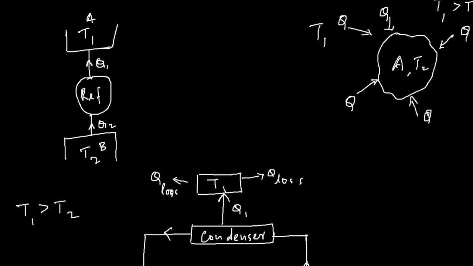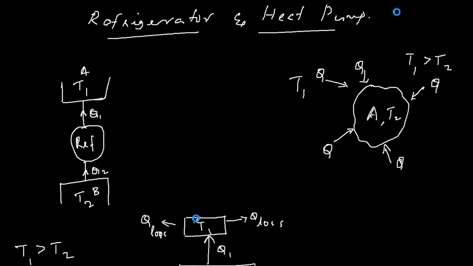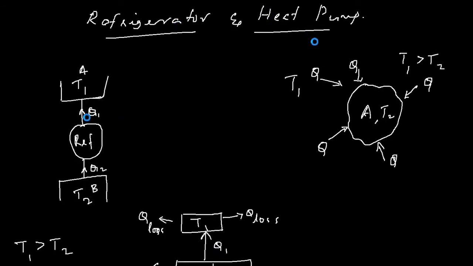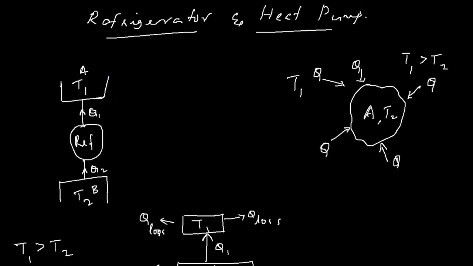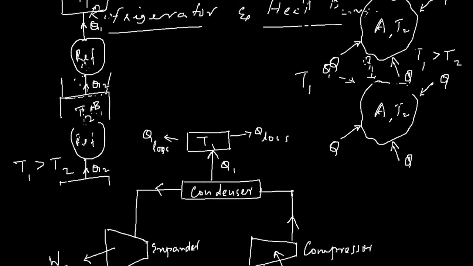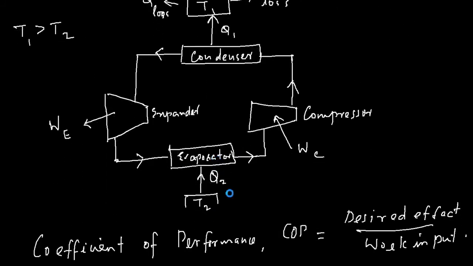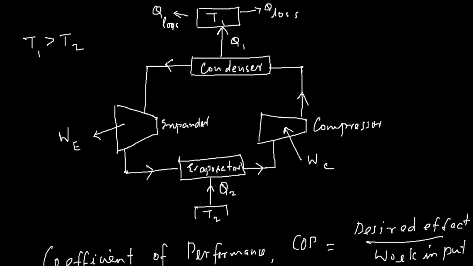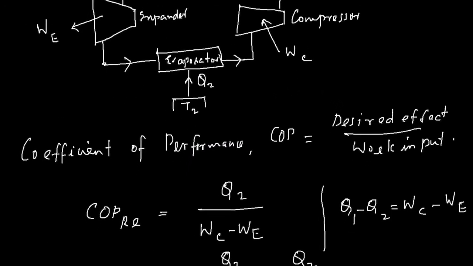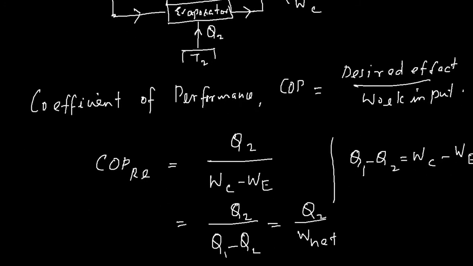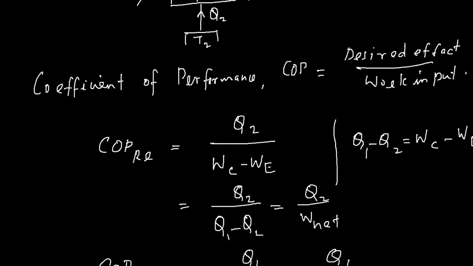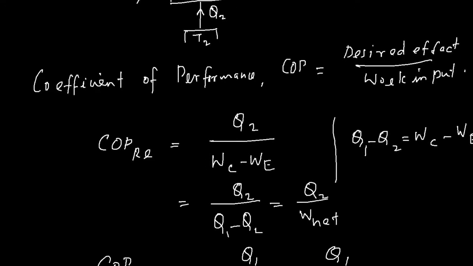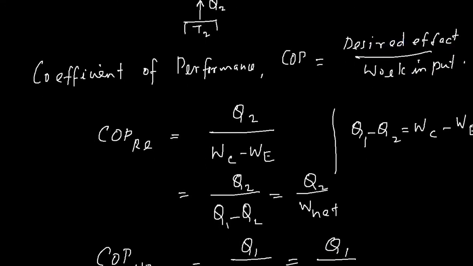So once again, all the things that we mentioned in the video: the refrigerator and heat pump both operate in the same cycle. The only difference is that the refrigerator tries to maintain the low temperature, whereas the heat pump tries to maintain the higher temperature of the two sinks. Now, the efficiency of a heat pump and the refrigeration cycle is called the coefficient of performance, and that is the desired effect over work input.